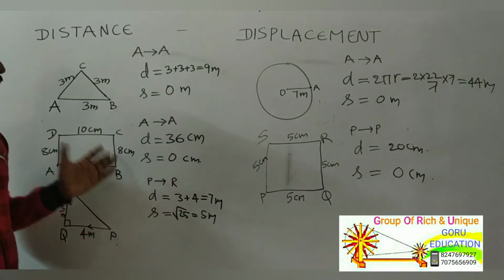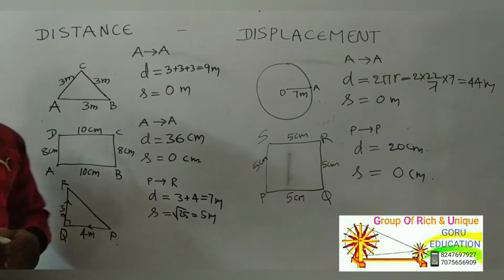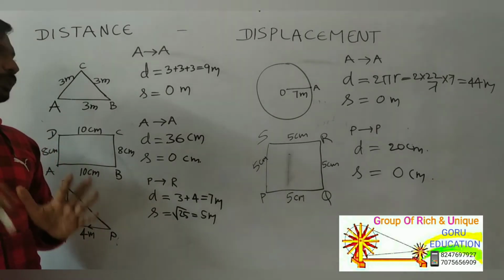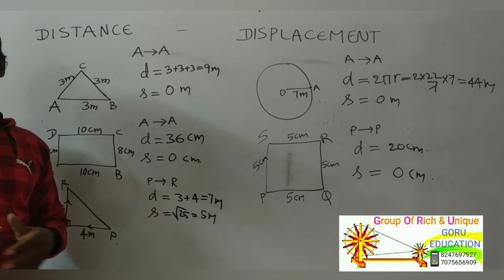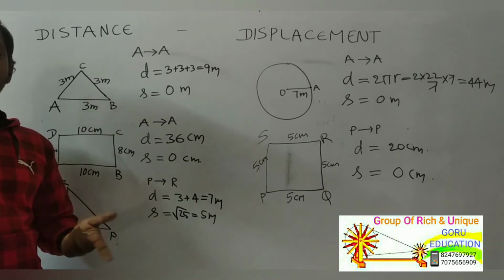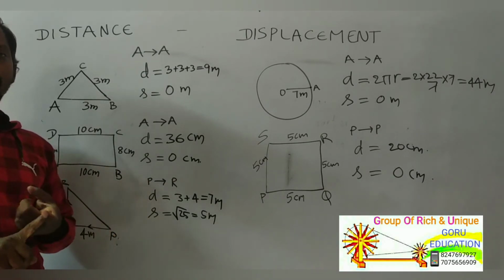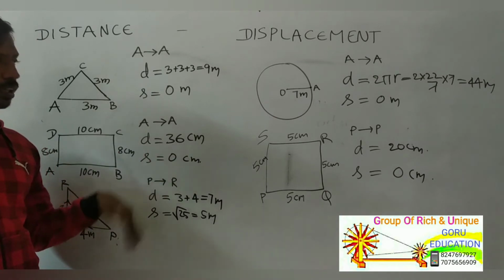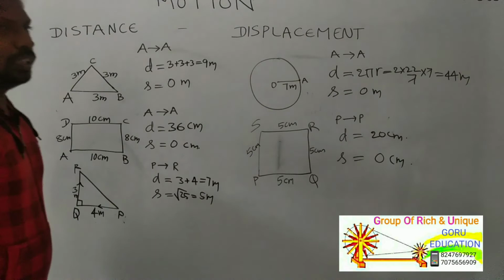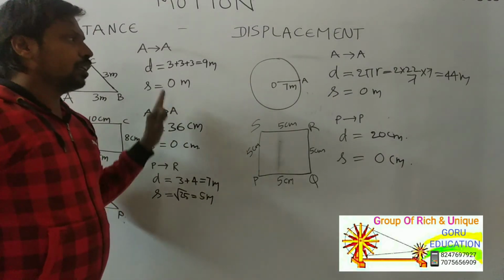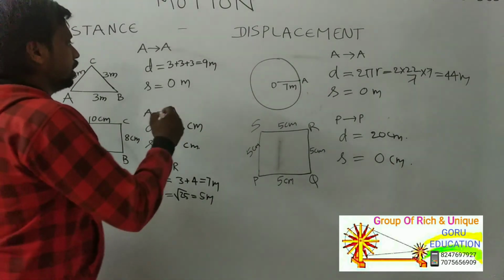So observe distance and displacement in these pictures. Here displacement is 0. Reason: initial and final points both coincide. That type of sums all have displacement 0. In this case, observe every condition.